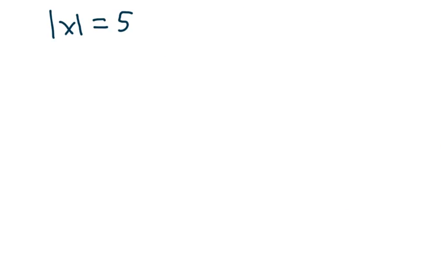Okay, the first one we're going to solve is absolute value of x equals 5. And I do this a little differently. I'm going to make a table on all of these, and I'm going to solve on both sides. So when you do this, you can write x equals 5 on this side and x equals negative 5 on this side.